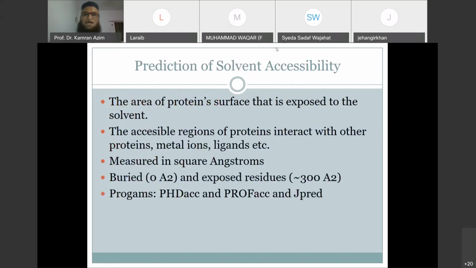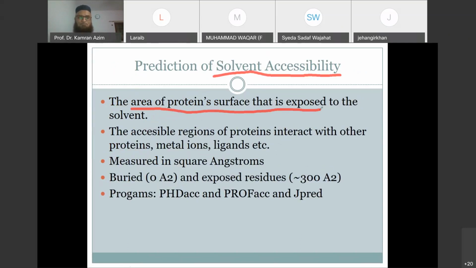There is another aspect of protein structure called solvent accessibility. What is solvent accessibility? It is the area of the protein surface that is exposed to the solvent.